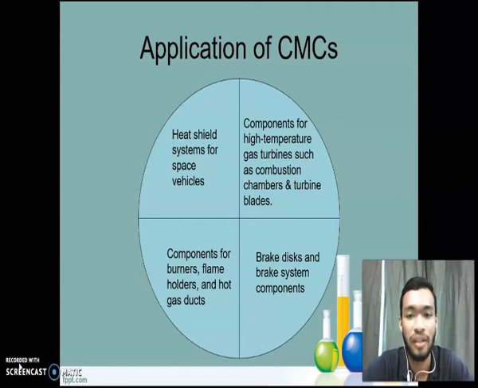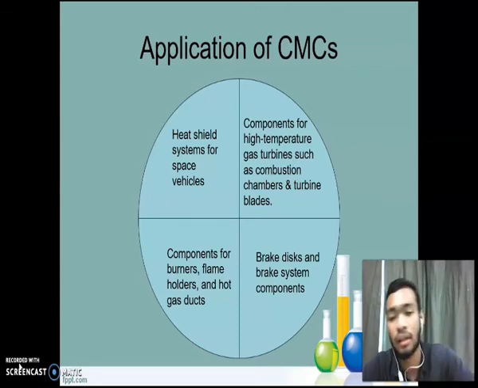The second one is components for high temperature gas turbines such as combustion chambers and turbine blades. For high temperature, CMC can hold up because it has good thermal shock resistance. The third one is components for burners, flame holders, and hot gas ducts.